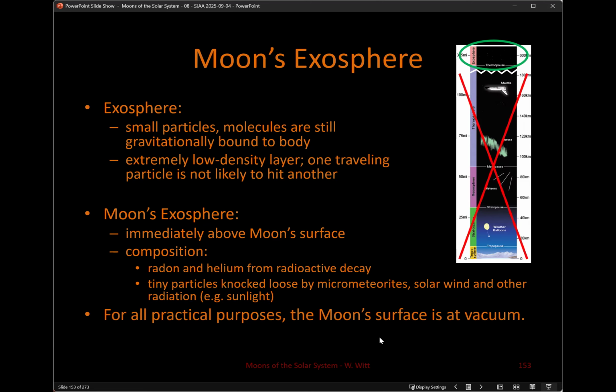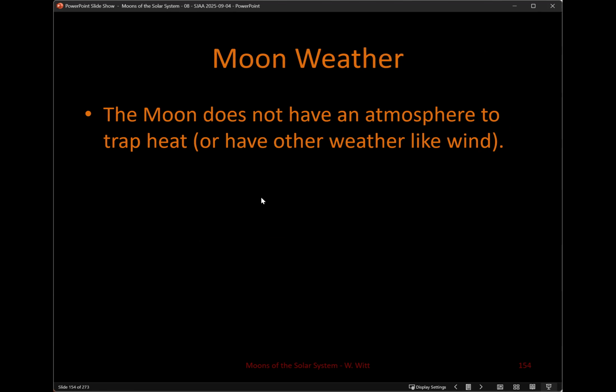For all practical purposes, the moon's surface is a vacuum. The exosphere is largely radon and helium from radioactive decay and tiny particles that are knocked loose by micrometeorites that whack into the moon's surface. So technically there is an atmosphere on the moon, but it's this exosphere that's certainly nothing anybody could breathe. And for all practical purposes, it is kind of a vacuum.